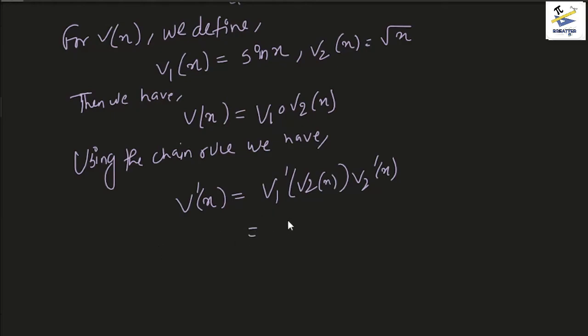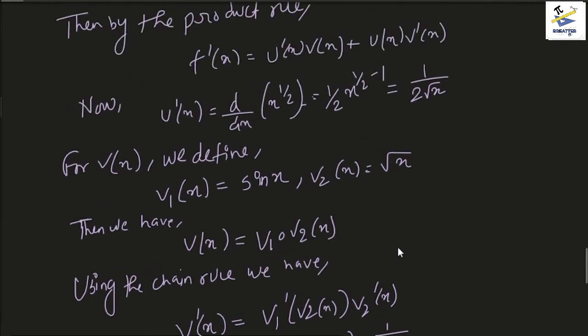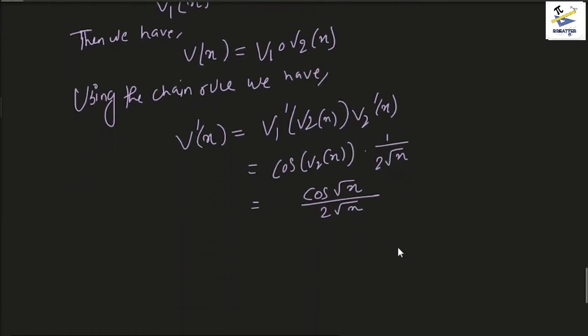And we know v1 prime of x is cos x, so it's basically cosine of v2 x into 1 by 2 root x, which just gives me cosine of root x by 2 root x. And when we put that back, what we do get is as follows.